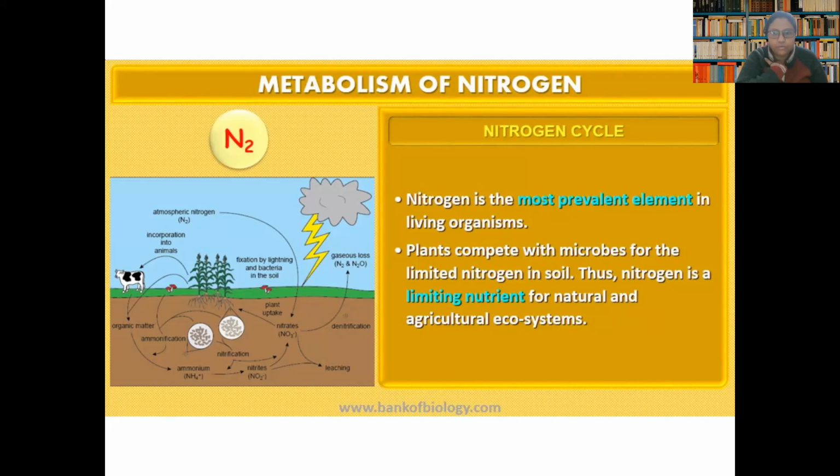So we observed the nitrogen cycle, and we know that for nitrogen we need to compete with microbes. So they are our friends, they are also our competitors, because animals cannot take nitrogen. Nitrogen we obtain via plants, so everything is dependent on plants, and plants are competing with microbes to take nitrogen, as well as they are taking help of microbes.